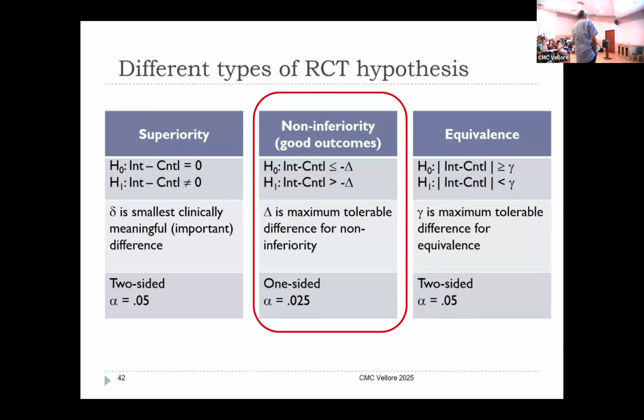And so we test it against a little delta, the smallest clinically meaningful or important difference. Here, capital delta is the maximum tolerable difference for non-inferiority. And here, gamma is the maximum tolerable difference for equivalence. Again, three Greek letters, so you can hire us. These are tested one-sided, these are tested two-sided, but this would be equivalent in the critical value. Two-sided would be equivalent to the other.